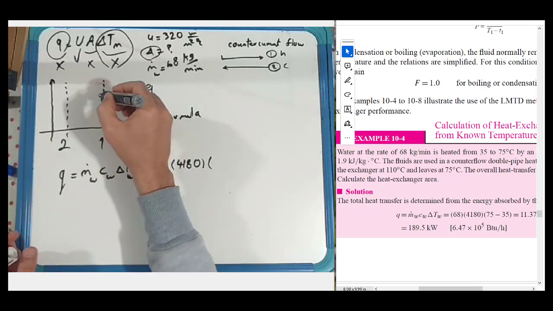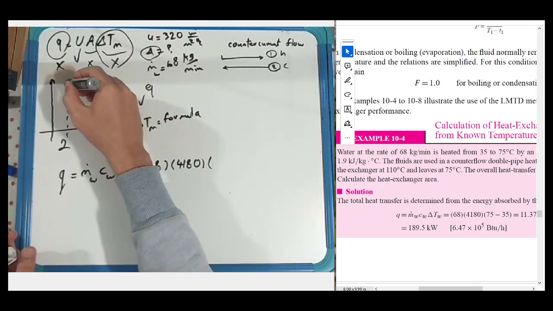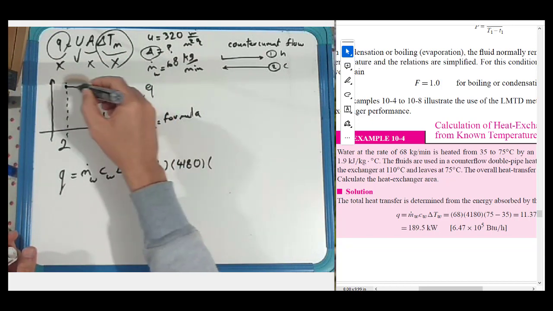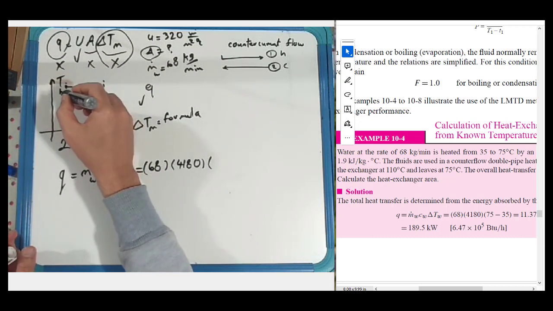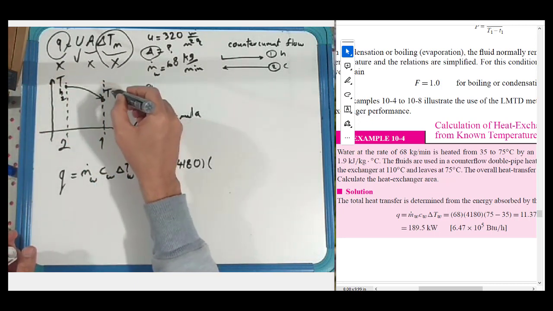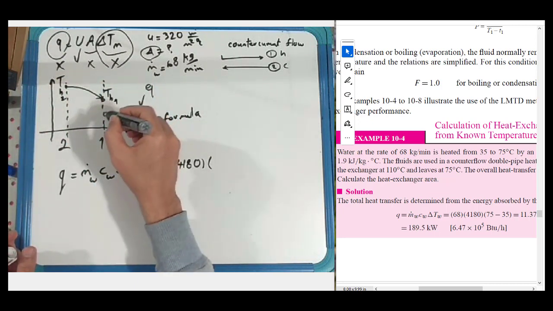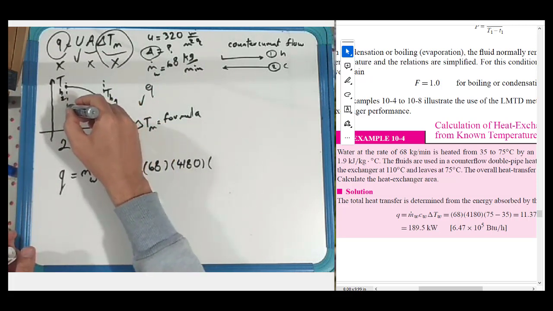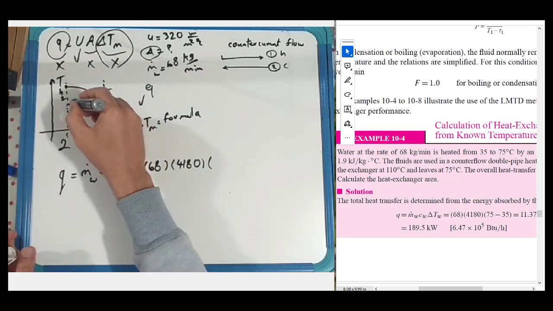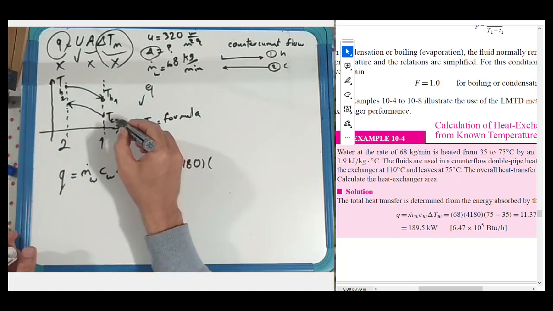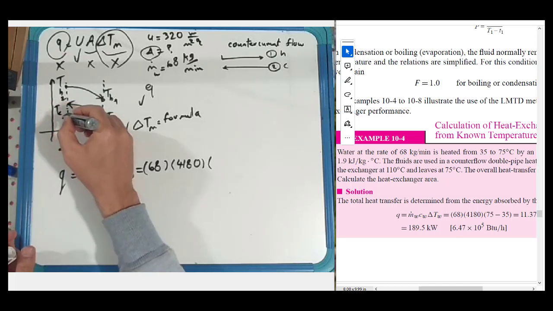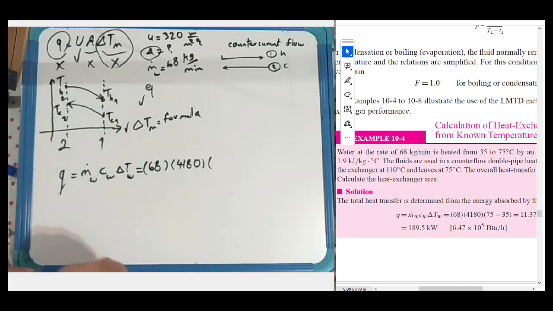Imagine this is hot, TH2, TH1, and this is T cold 1, T cold 2.